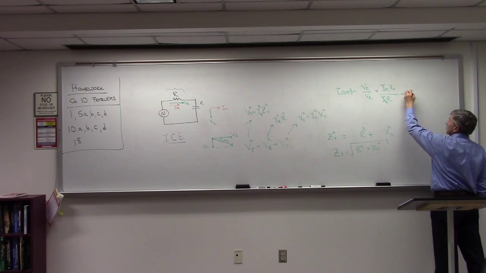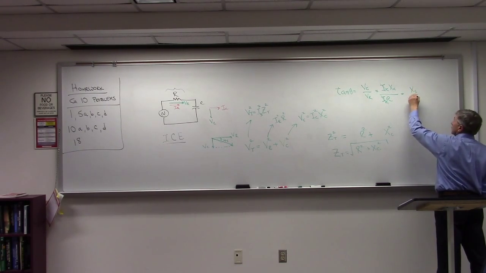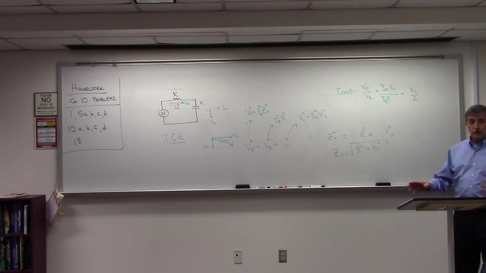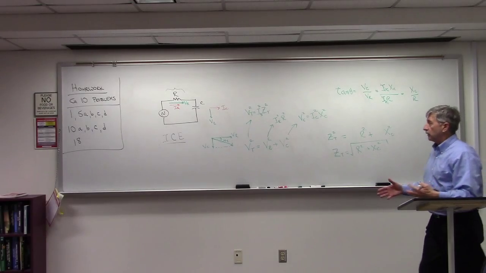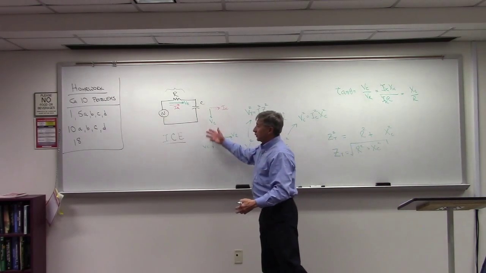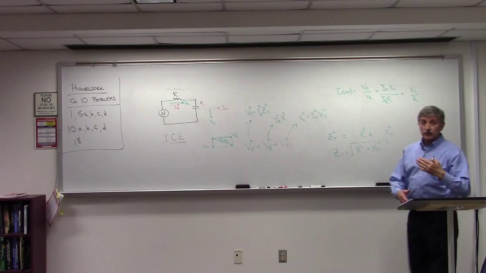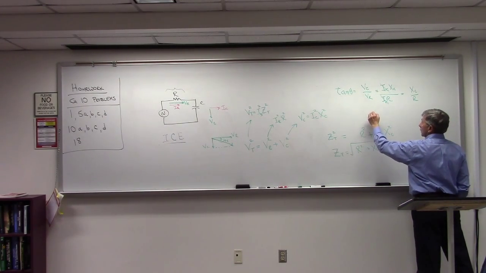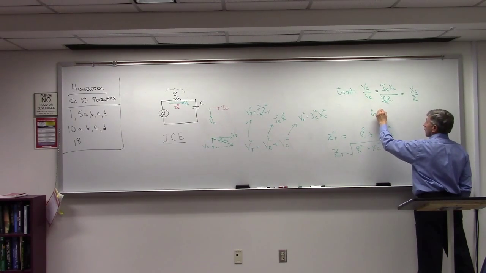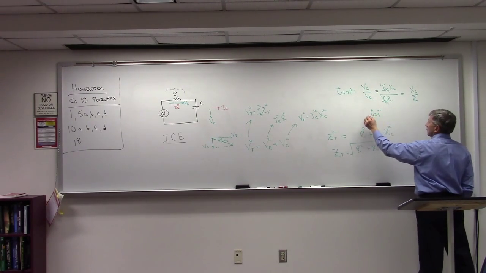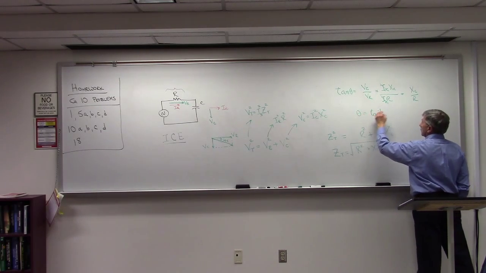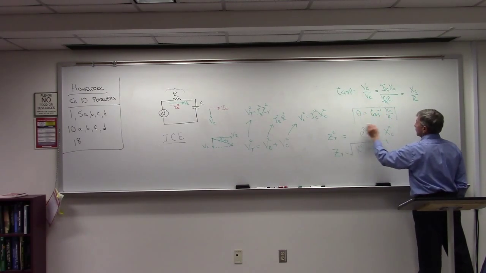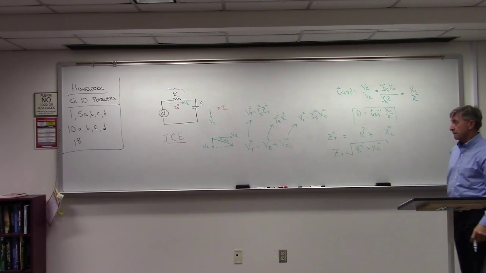So the tangent of theta is XC over R. And the overall effect of these two components is going to be a phase difference between current and voltage that is equal to the arctangent, or the tangent to the -1, of XC over R. That gives me the overall phase angle.